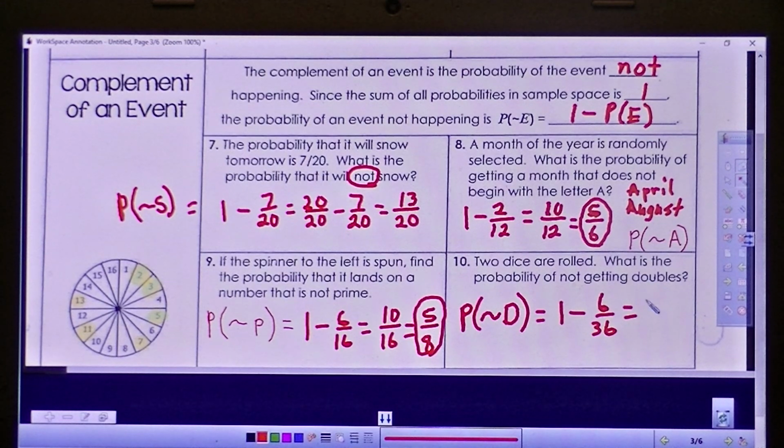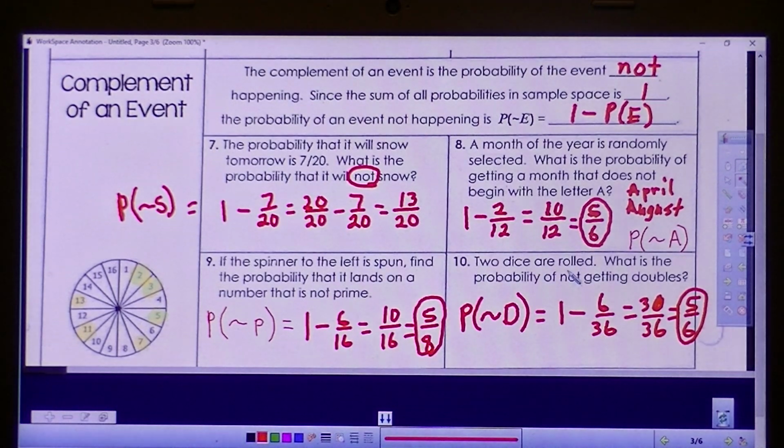So that would be 30 out of 36, right? And that would reduce to 5/6. Okay? So if you roll 2 dice, what's the probability of not getting doubles? Well, 6 out of 36 gives you doubles, so 30 out of 36 would not. So 5 out of 6 is what that reduced to.